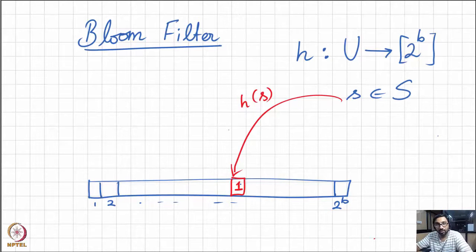Anytime a new user ID appears, its hash value points to an index location, and that index location, if it's not already set to a 1, will be set to a 1. This is one way to implicitly store all the fingerprints, and it certainly is an improvement over using a balanced binary search tree, because you don't need to store all the bits of the fingerprint.